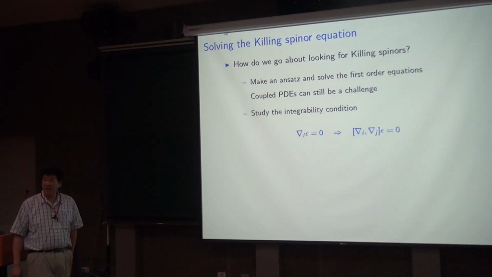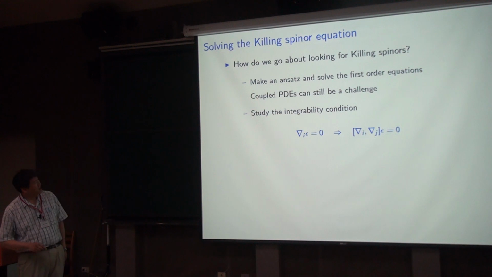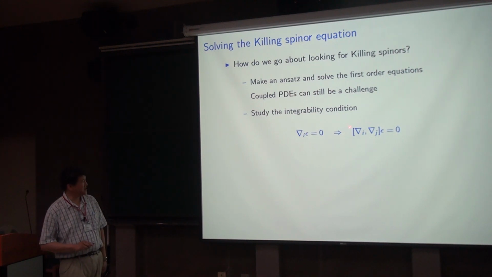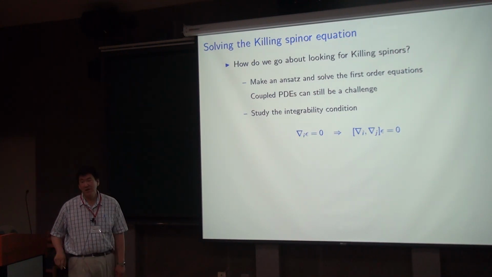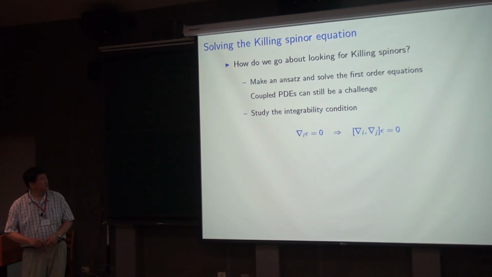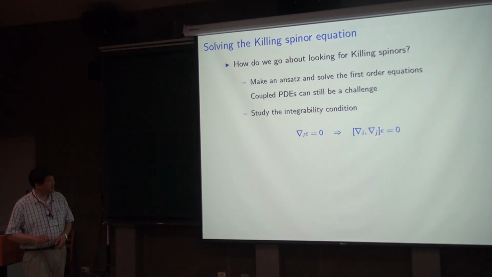So another trick is to look for integrability. If I take the Killing spinor equation, hit it with another covariant derivative, and put in a commutator, this should still be equal to 0. A commutator of two covariant derivatives is a very nice geometric object in GR. That's measuring curvature. So I can solve this integrability equation. The nice thing about this is it's no longer a differential equation on epsilon.